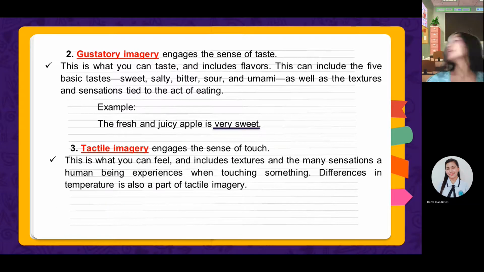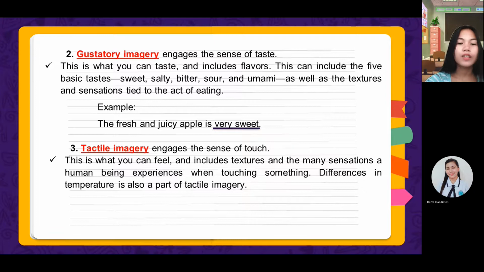The third one, the tactile imagery. It engages the sense of touch. This is what you can feel, class, and includes textures and the main sensations a human being experiences when touching something. Differences in temperature are also part of tactile imagery.